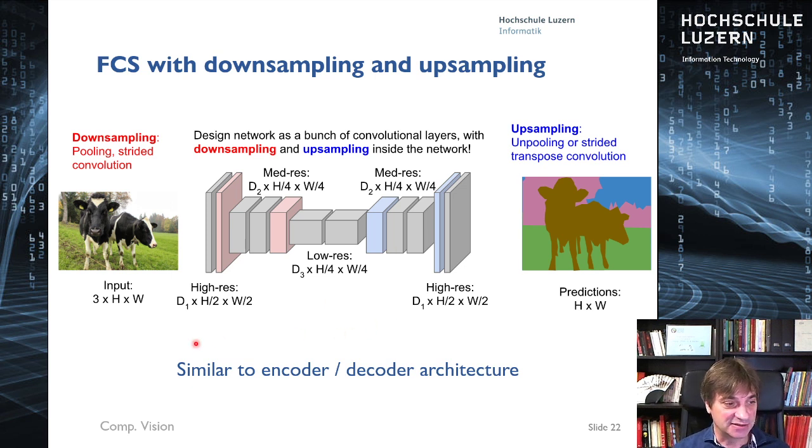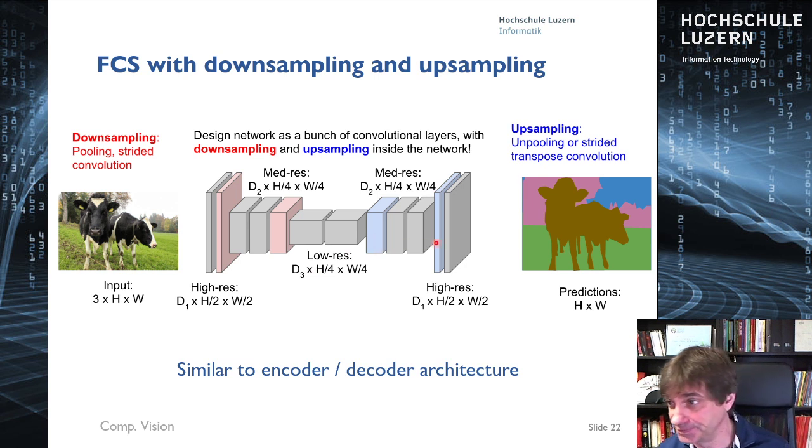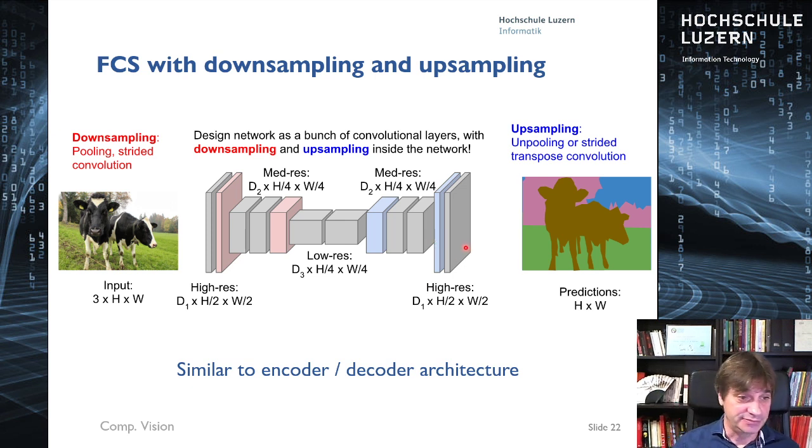We will see later, this is also a bit similar to a so-called encoder-decoder architecture, where you force the network to specify some lower dimensional feature characteristics in the middle before blowing them up again at full resolution. Questions so far?